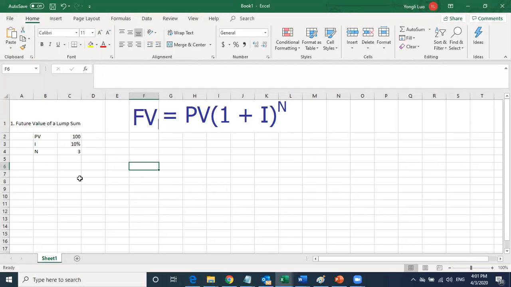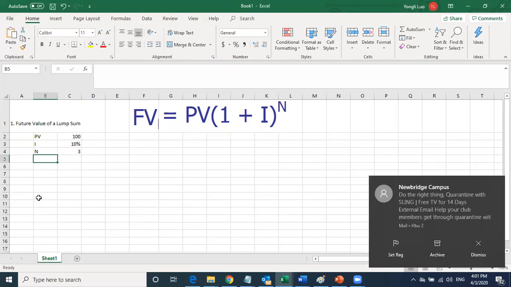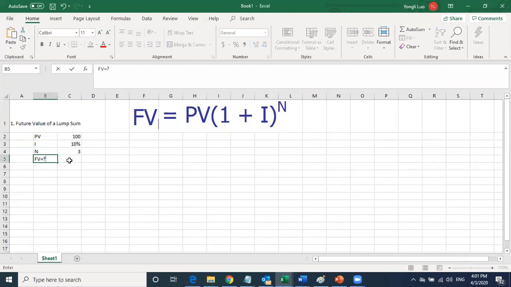You want to calculate your future value because you don't know it, so you solve for the future value.